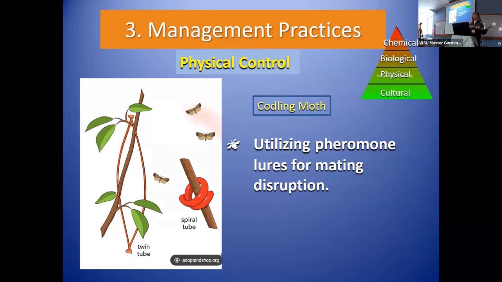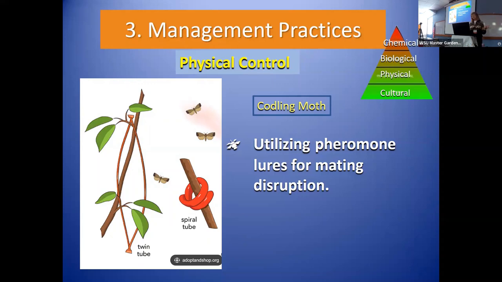They can't find the females to mate. Now, if you went over to Central Washington, you would find that they have these big aerosol dispensers that they're blowing into the air through their orchard. This is a primary technique that they use to suppress codling moth.